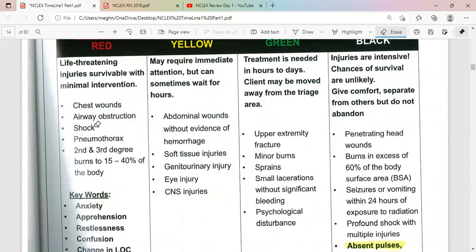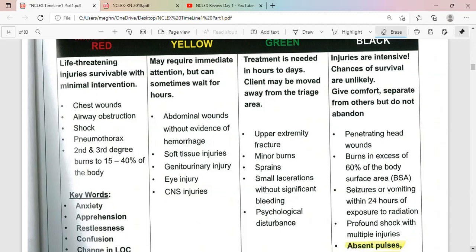Shock leads to death and needs fluid replacement. Pneumothorax, second or third degree burns, 15 to 40% body burn. If you give them Ringer's solution, your patient survives. But if the burn is more than 60% in disaster, whatever you give, it is difficult to survive.